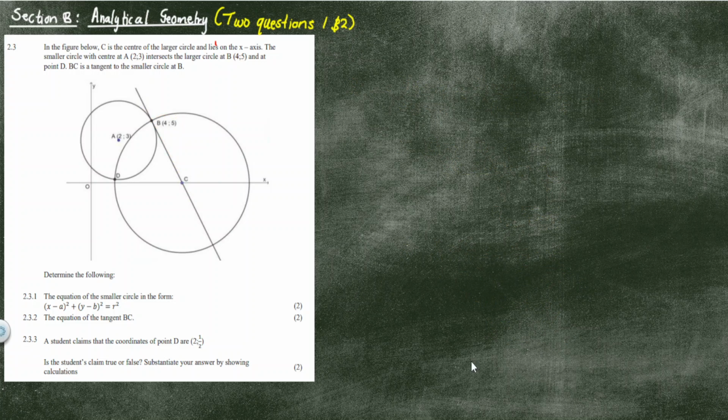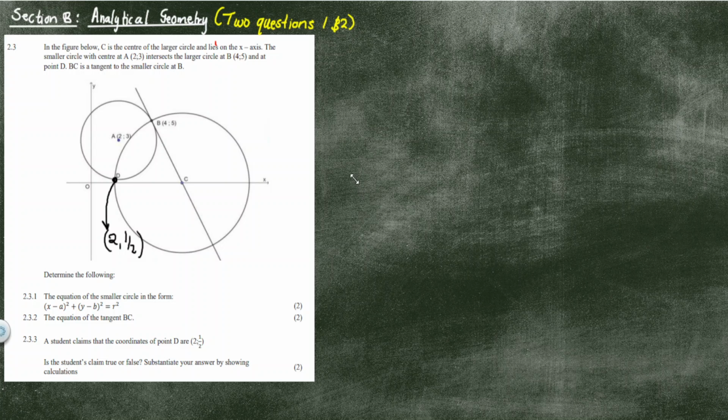The student says listen, these coordinates D have the following coordinates, they calculated them. Substantiate by showing your calculations whether this is true or false. So how do you prove that?